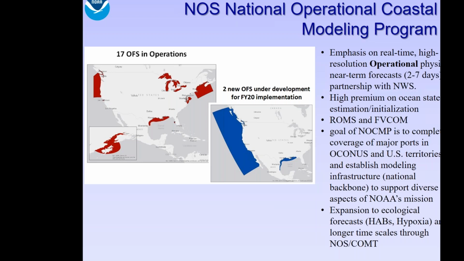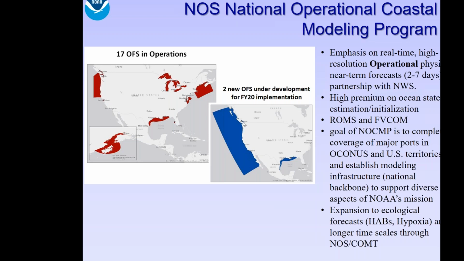But in many cases, they now use either the ROMS ocean model or FVCOM, and the idea here is that there are a lot of structural similarities between ROMS and what we can do with MOM6 with a hybrid coordinate.